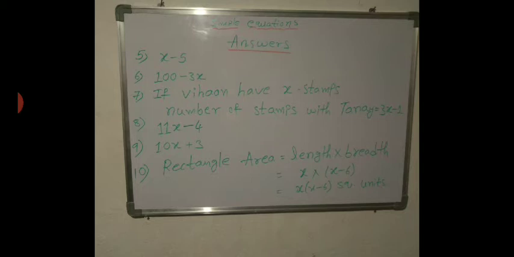Next, eighth one. Students of a class are made to stand in x rows, each row having 11 students. The last row has only 7 students.